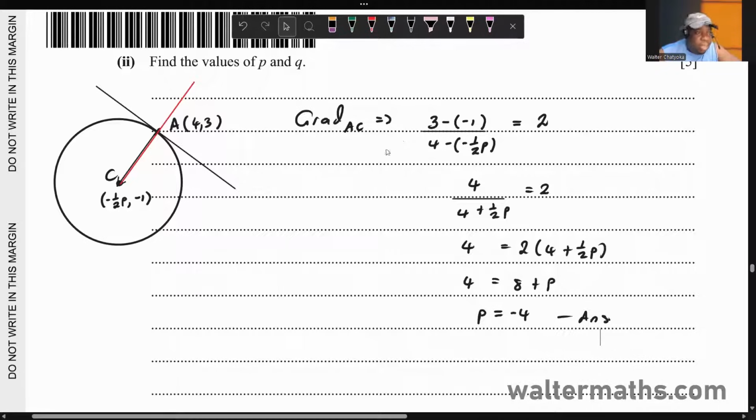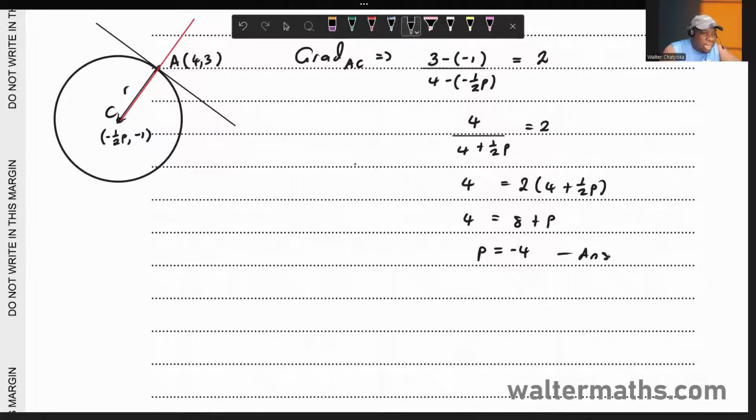That is something. We can also consider the radius. We know that the radius, we can find it, is basically AC. To find AC, we would say the square root of (−½p − 4)² + (−1 − 3)².